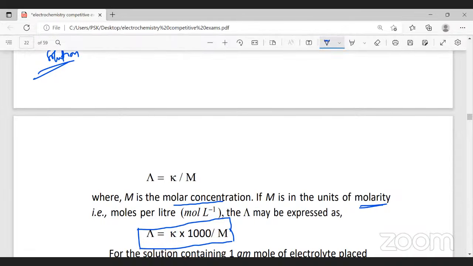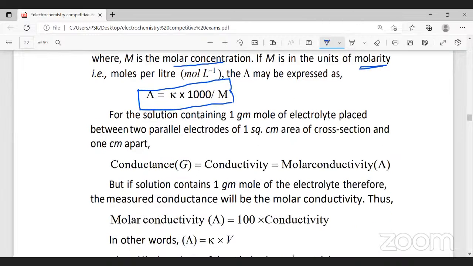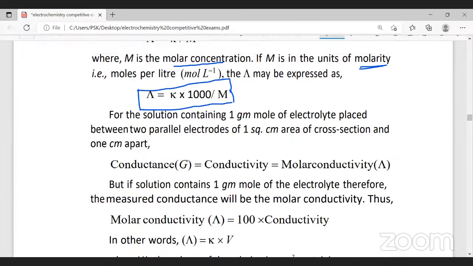You should remember this formula to work out problems in competitive exams. Can you remember? Molar conductance and specific conductance: what's the relation? Lambda is equal to kappa into 1000 by M. Kappa is called specific conductance. M is called the concentration.